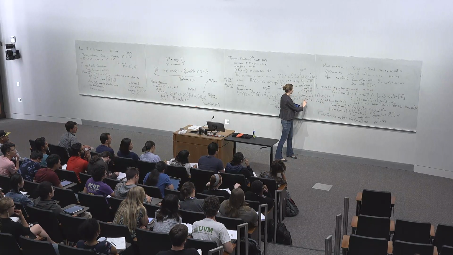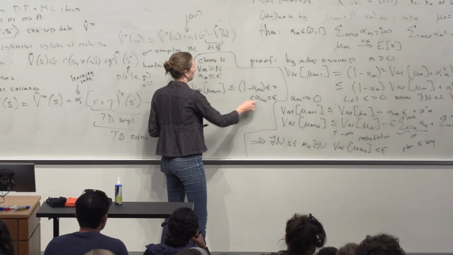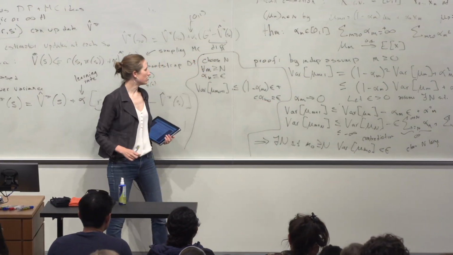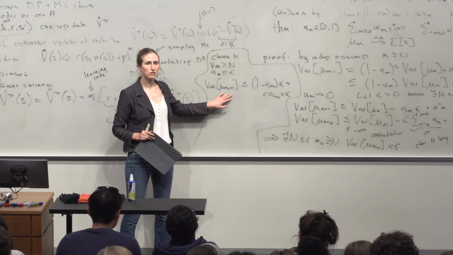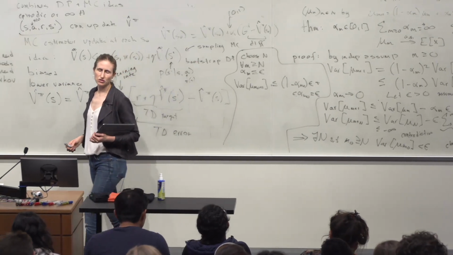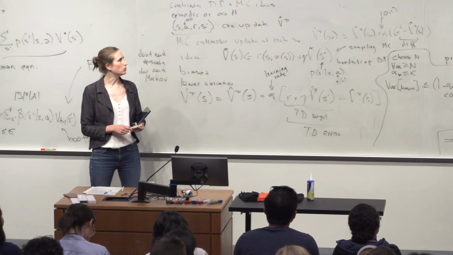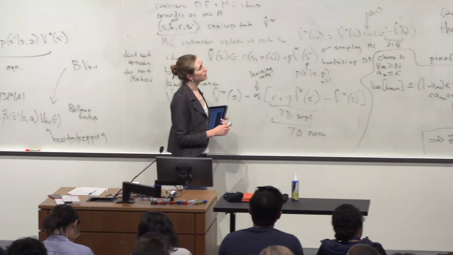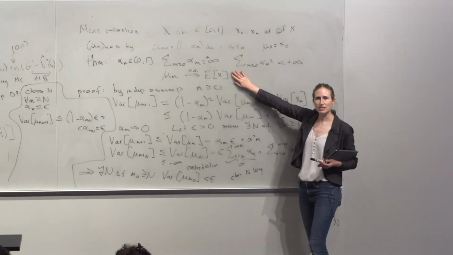We can pick epsilon to be anything we want, and so we can make the variance go to 0 here. So eventually our estimator is going to converge asymptotically to the true mean function here. This is going to go almost surely to the expectation.